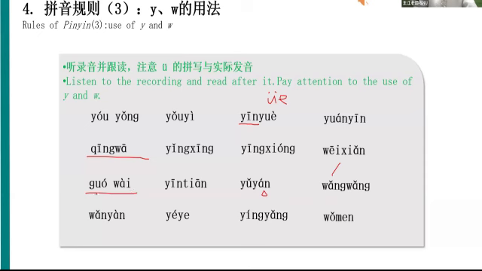Okay, please follow me and pay attention to the usage of the alphabet Y and W. 国外, 阴天, 语言, 往往. Okay, good, very good.